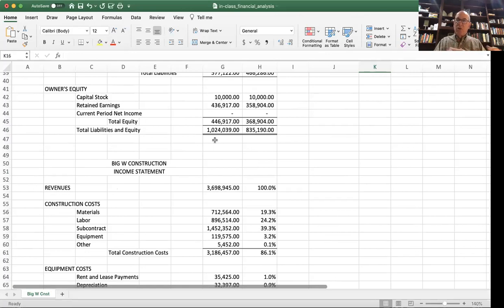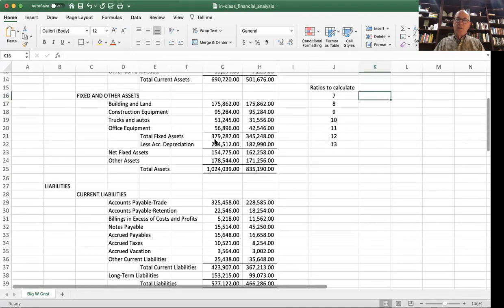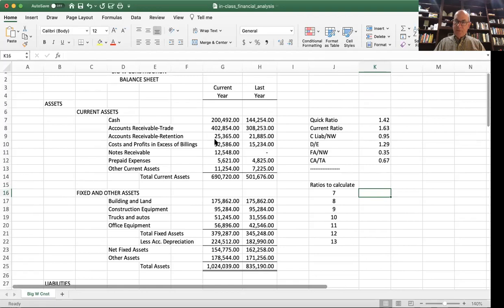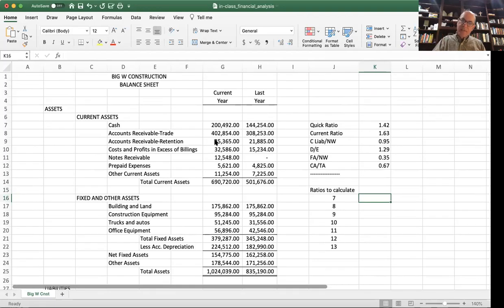It tracks all sorts of activities over time, whereas the balance sheet, remember, is a snapshot. So right now, today, how much cash do we have on hand? Right now, today, what's our accounts receivable? What's our building and land book values?